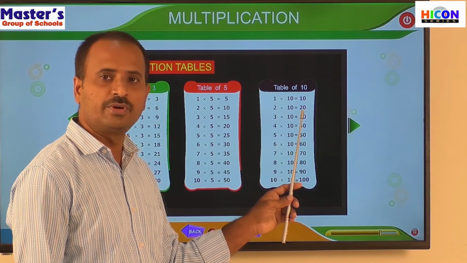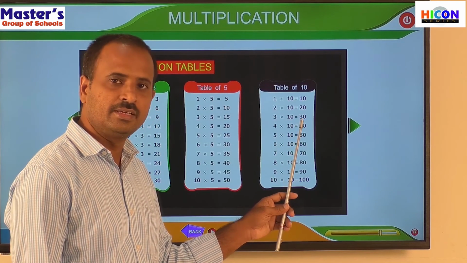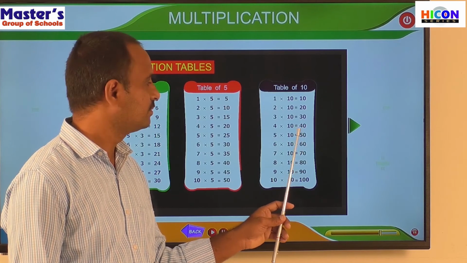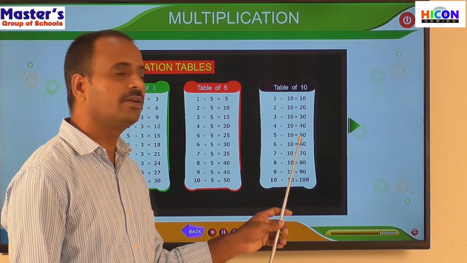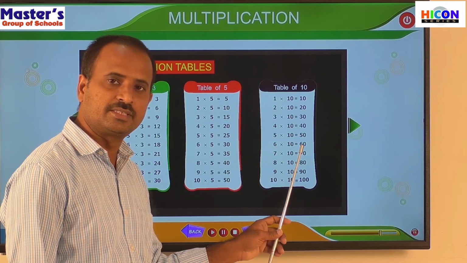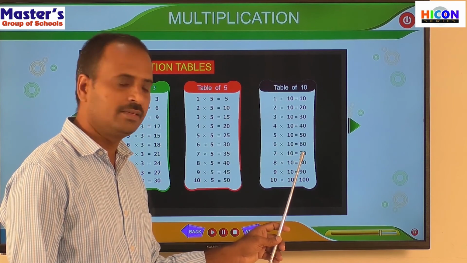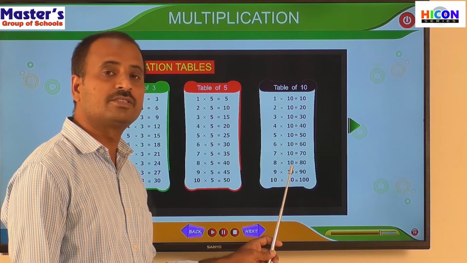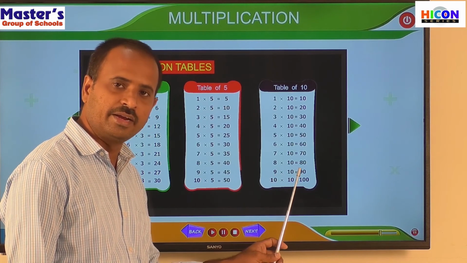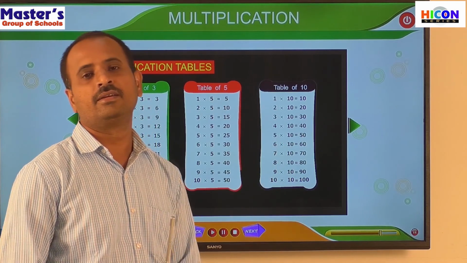2 tens are 20, 3 tens are 30, 4 tens are 40, 5 tens are 50, 6 tens are 60, 7 tens are 70, 8 tens are 80, 9 tens are 90, 10 tens are 100.